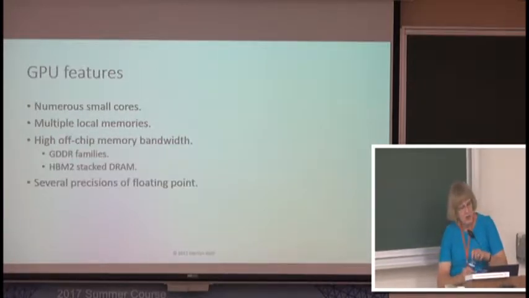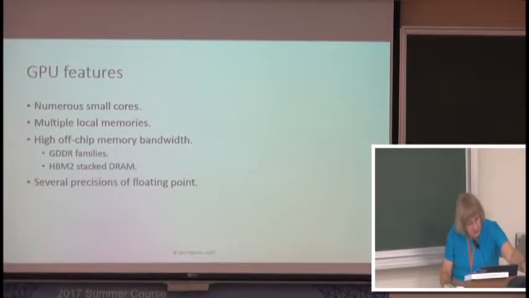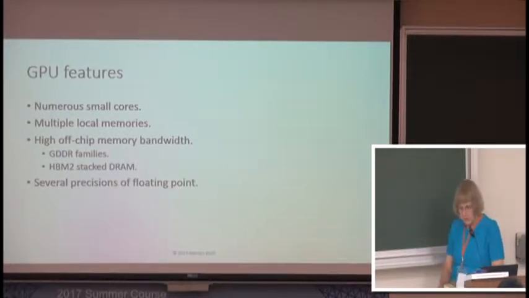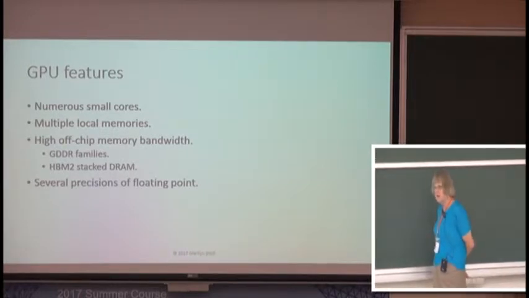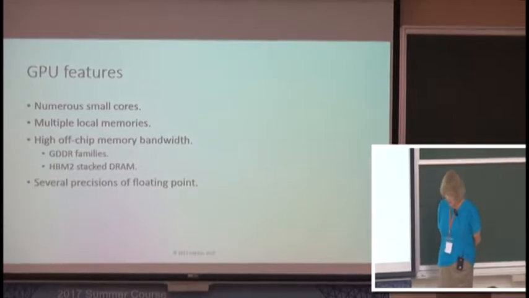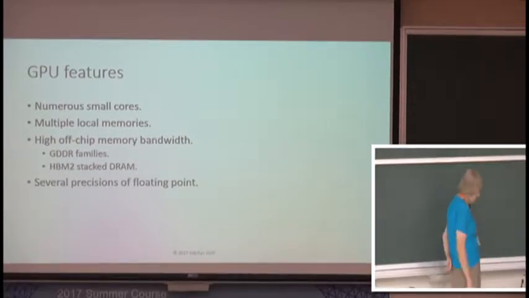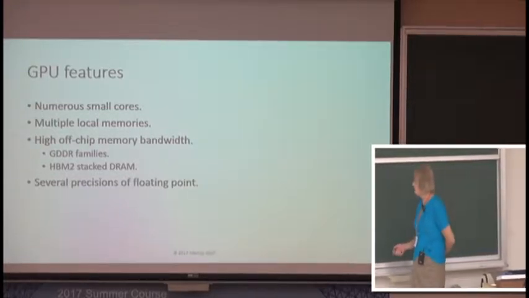Okay, so GPU stands for graphics processor, but as you know, it evolved into a scientific computing platform because the algorithms you run for graphics are similar enough to what you do for a variety of scientific computing problems that the GPU makes a pretty good platform for a lot of it.